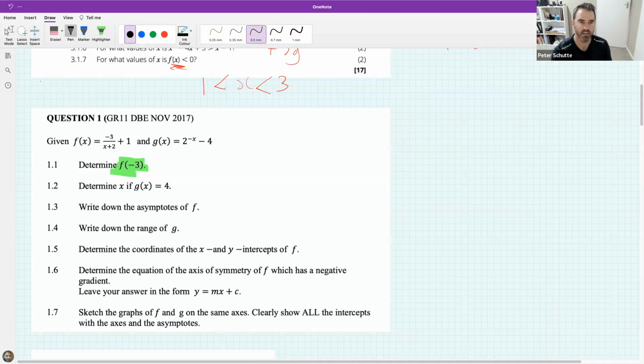We can see that f is this function here. But what does it mean to say the f of minus 3? What's my answer going to be? It seems to me like the f of minus 3 says I must put minus 3 inside the function f.